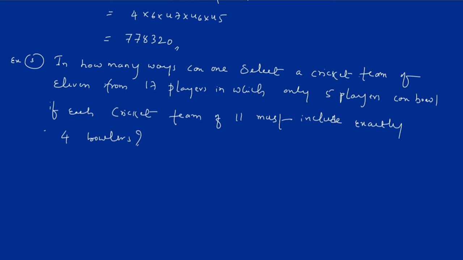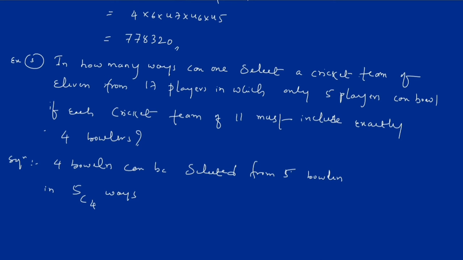Let's see. Solution: 4 bowlers can be selected from 5 bowlers. Already we have 5 bowlers out of 17. So in that we can choose 4 bowlers out of 5 bowlers in 5C4 ways, right?